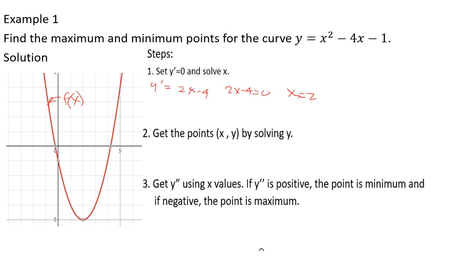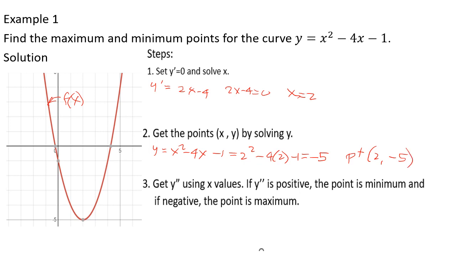Next, get the points x, y by solving for y. So y equals x squared minus 4x minus 1, which equals 2 squared minus 4 times 2 minus 1 equals minus 5. So your point is 2, minus 5.